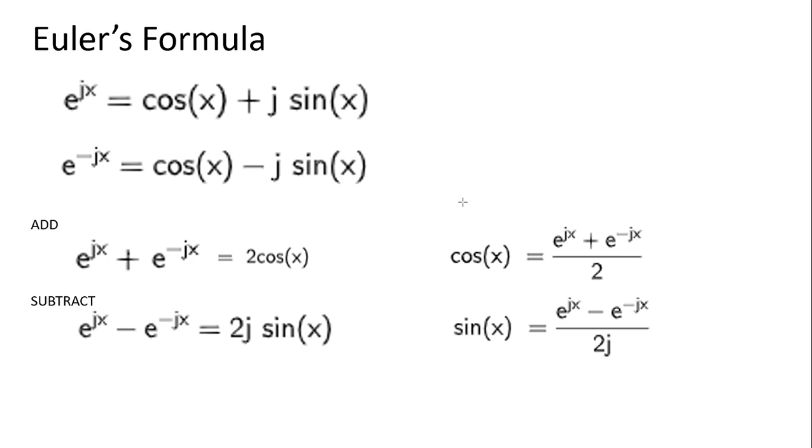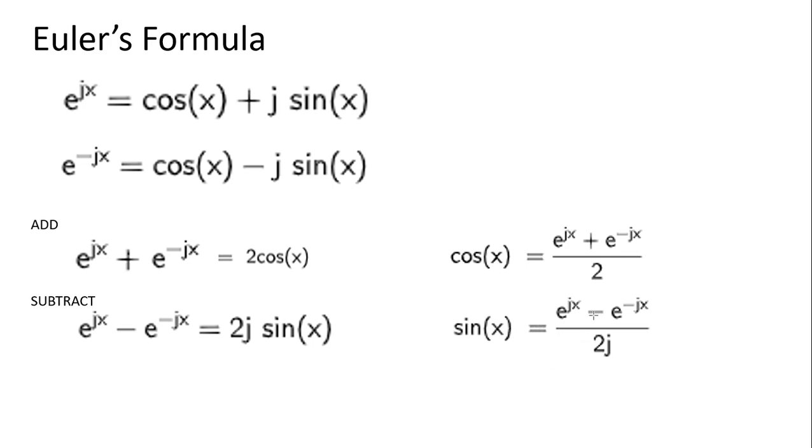So I put a square around these guys because that's important. There are the two expressions: if you have a complex exponential and you want to extract the cosine, this is how you do it, and if you want to extract the sine, this is how you do it.